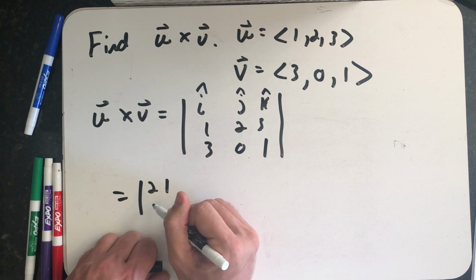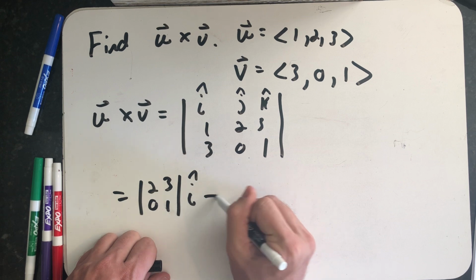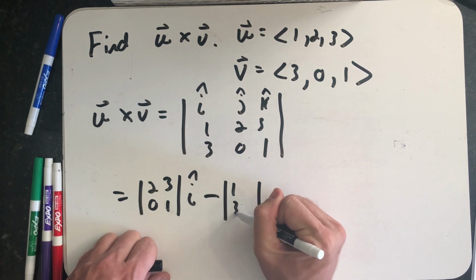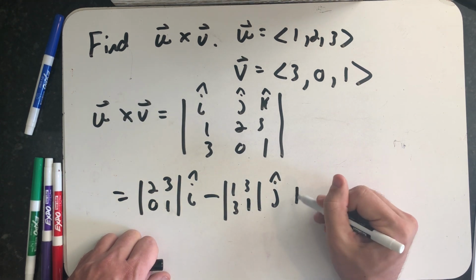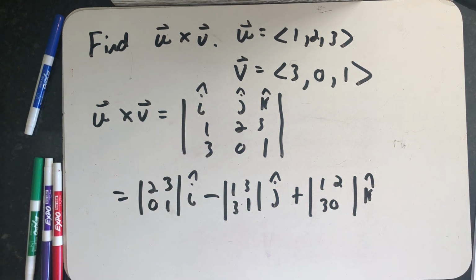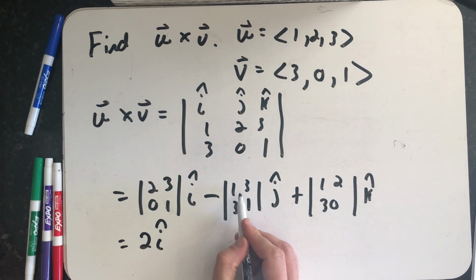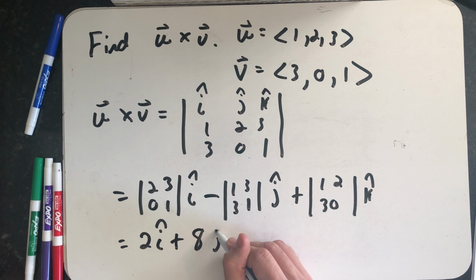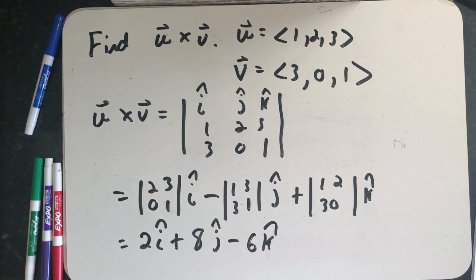All right, just writing out my little minor matrices. Now all I have to do is take little 2 by 2 determinants. I get 2 i's. Let's see, 1 minus 9, that'd be a minus 8, but minus a minus 8, plus 8j. 1 times 0, minus 6, minus 6k's. This is the vector that is U cross V.